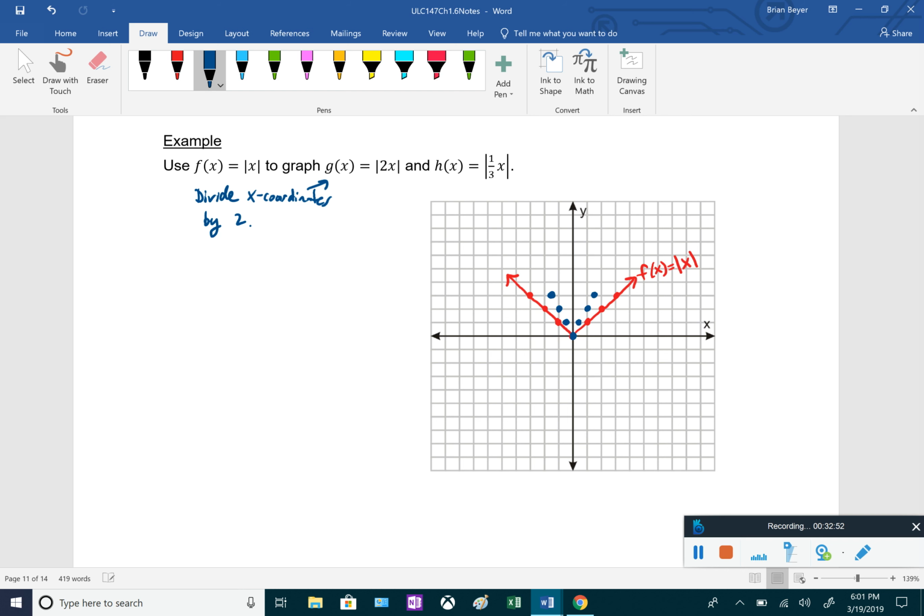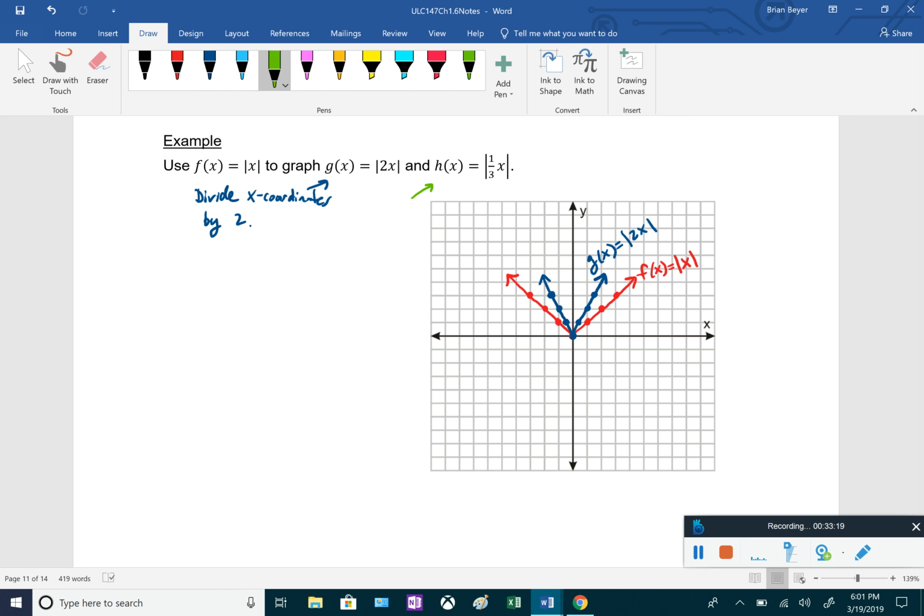So all we did was divide each x coordinate by 2, and the y coordinate stayed the same. So this is going to be g of x, which was absolute value of 2x. And that's a horizontal shrink. We can see that it got squished in horizontally.